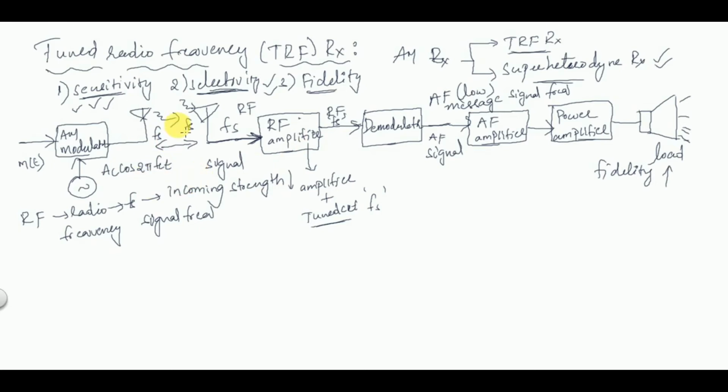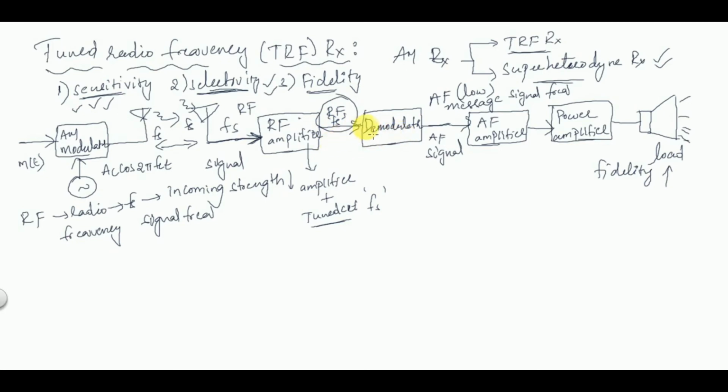Okay, so the first stage, I'll repeat: the incoming signal frequency comes to you, and due to the presence of the tuned circuit, selectivity is increased, and due to the gain of this amplifier, sensitivity is also improved. Then the signal, whose amplitude was lost due to transmission from transmitter to the receiver, is restored here.